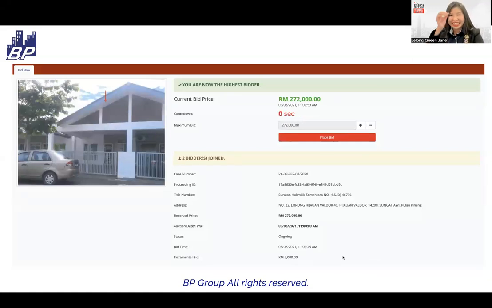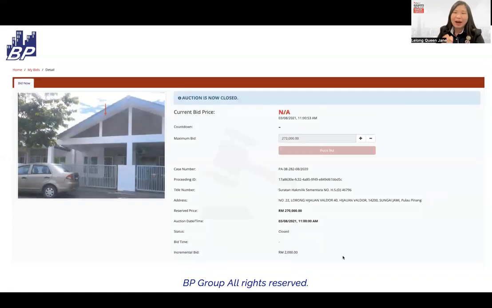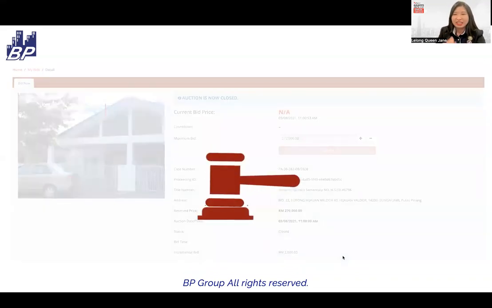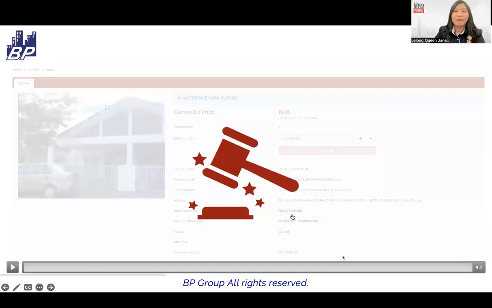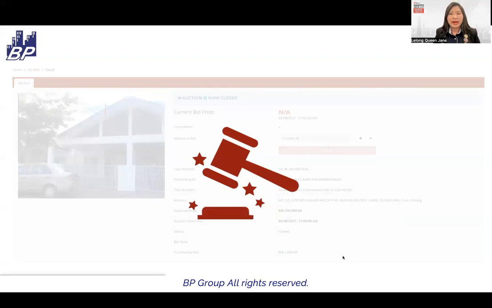So this is really inspiring, am I right? Because this is a really nice property, which we also successfully sold for our investor. This property is located at Hijau Waldo in Sungai Jawi, Penang. The market price is around 350,000 to 370,000.